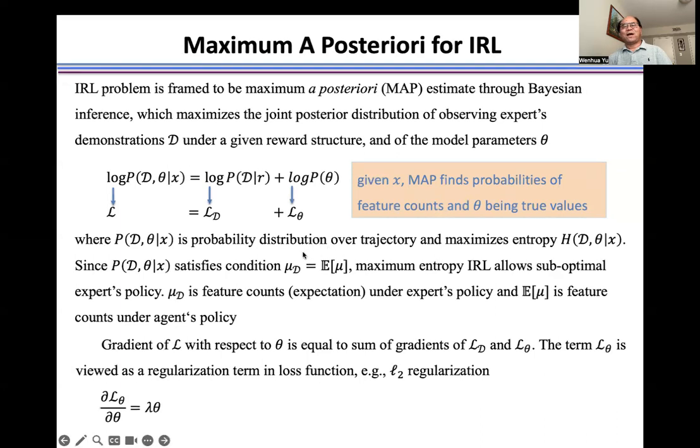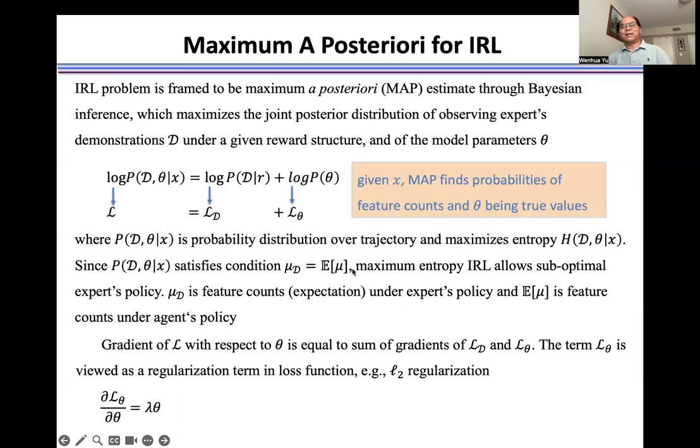That means even if we find these feature counts under the expert policy and these feature counts under the agent policy, for a suboptimal policy the relationship is not one-to-one.